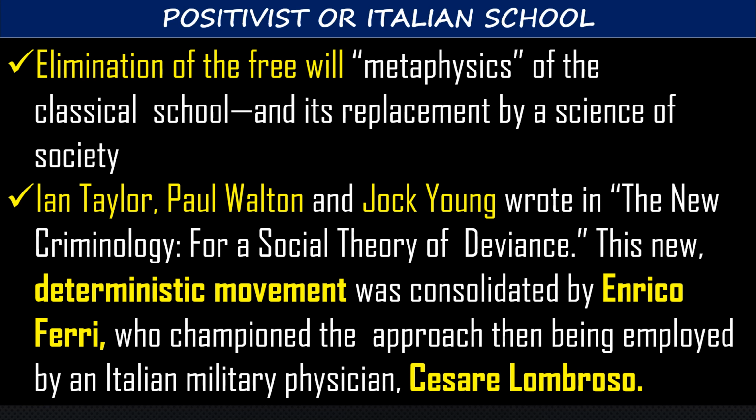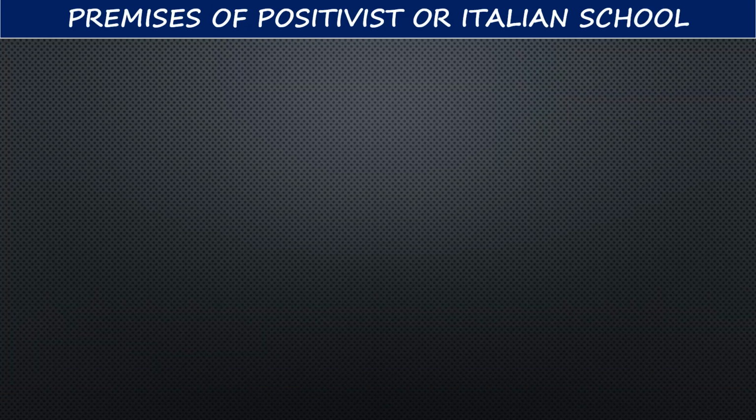And he said that we can determine from the population who is most likely to commit a crime, and whether a person is going to commit a crime or not based on his physical appearance. So that's the idea of the positive school, particularly Cesare Lombroso, the deterministic movement.